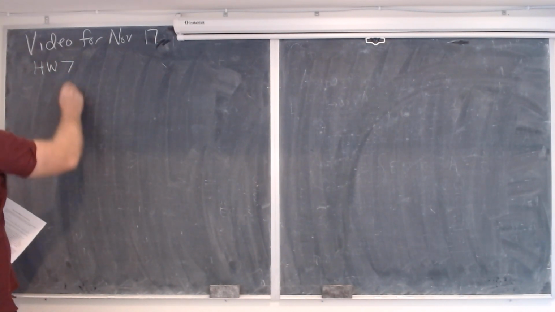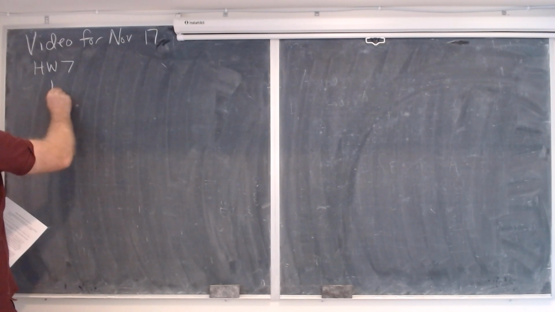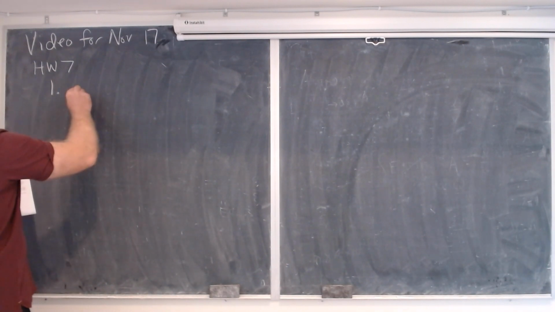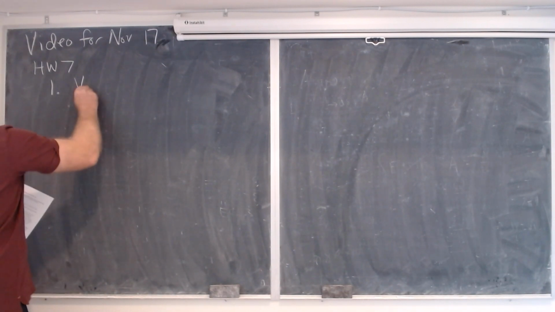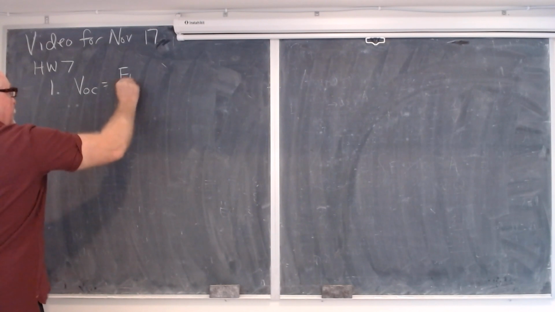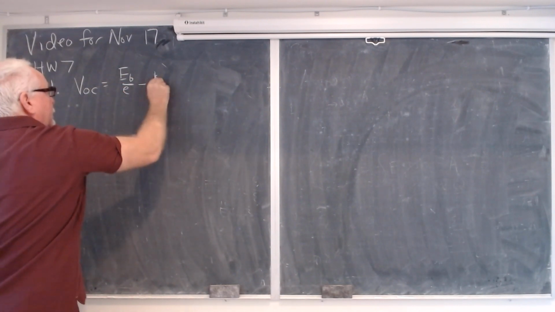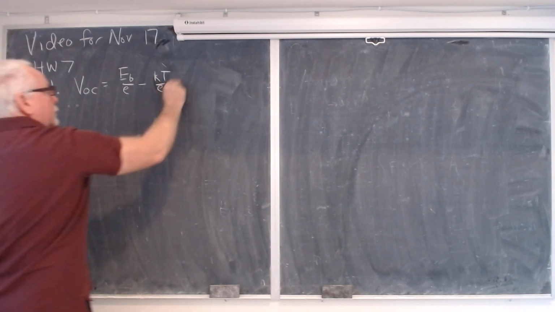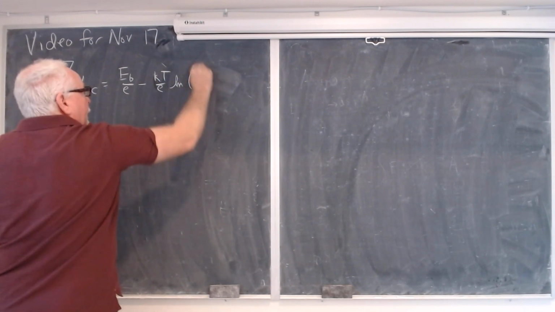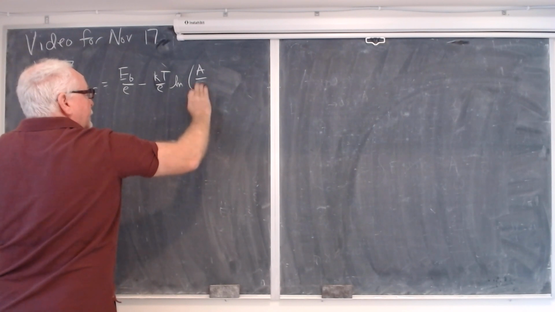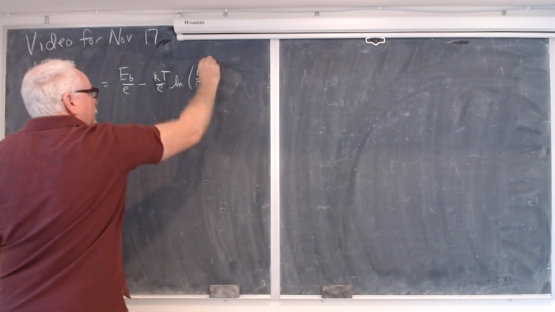First we'll go over homework 7, problem 1. You were to determine what happens to the open circuit voltage when the light drops by 1/2. You just use the formula VOC is equal to EB over E minus KT over E times the logarithm of A over IL, as we previously derived.